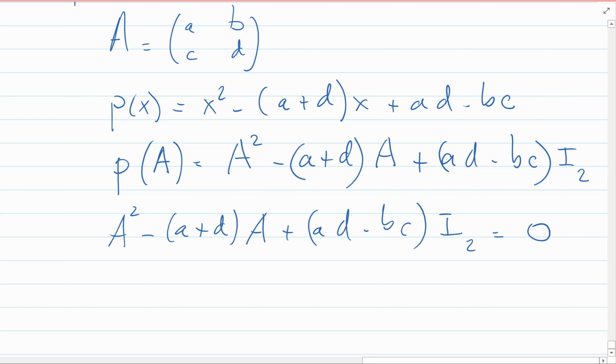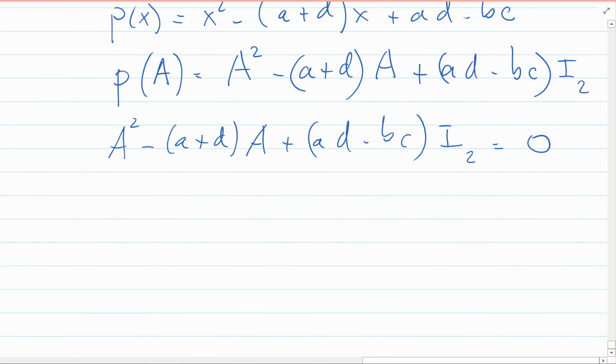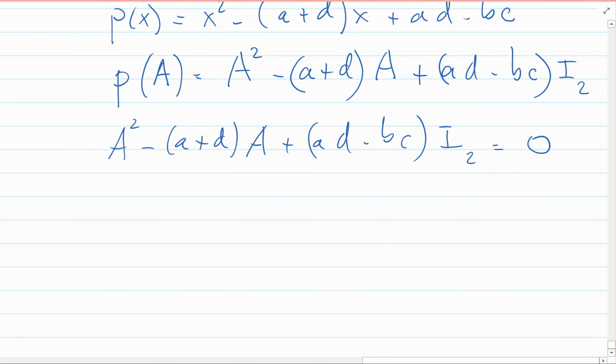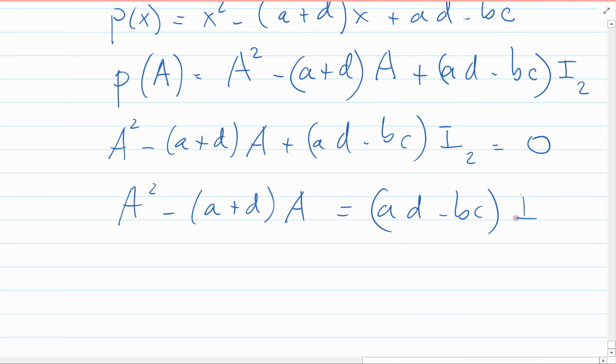Okay? So now let us take the identity matrix to the other side. So what do we have? We did exactly similar in the previous lecture, okay? A squared plus (a plus d) times A equals (ad minus bc) times I2.